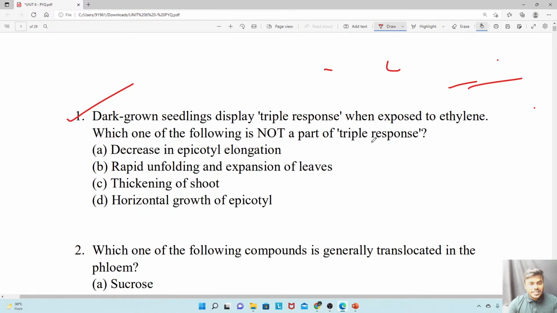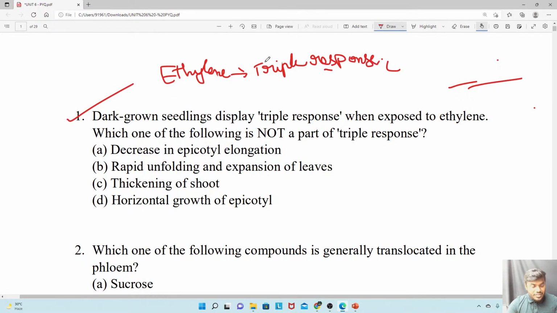Okay. So friends, we all know very well, ethylene is the hormone that shows the process called the triple response. And I want every student to remember, friends, it never shows the triple response in every plant. It will show the triple response only in particular seedlings. What do we call them? Etiolated seedlings only. So what are the basic 3 processes?